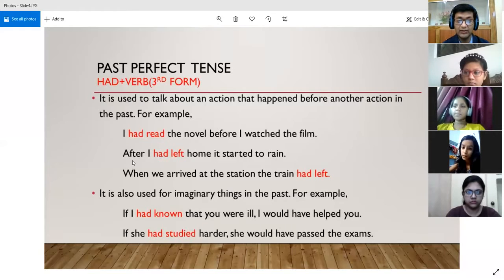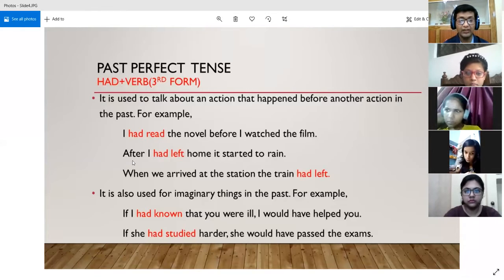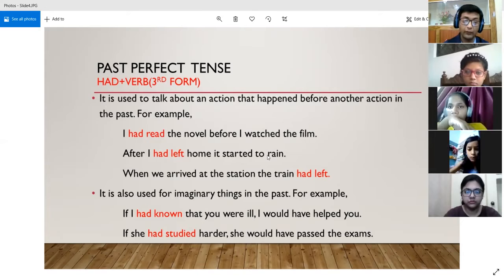So first the person left the home and then the rain started. The first action takes the past perfect form, after I had left home, and then we use the past simple for the second action that came afterwards, that is, it started to rain.